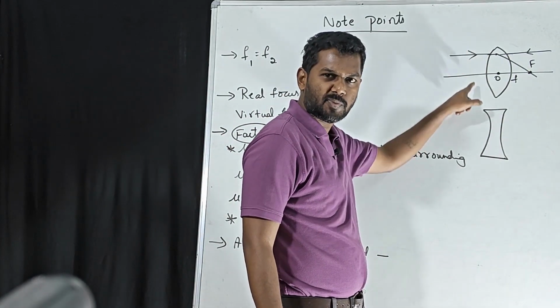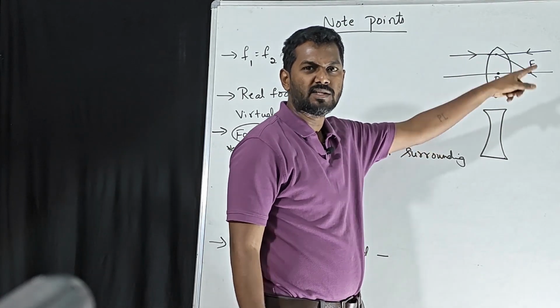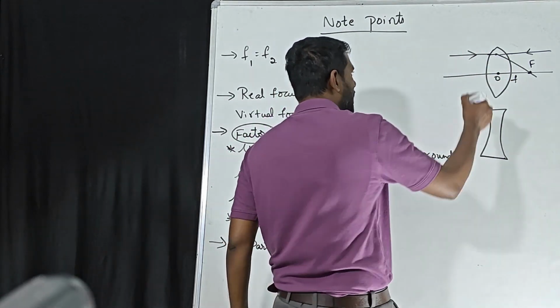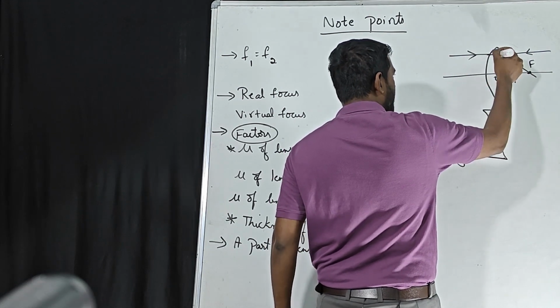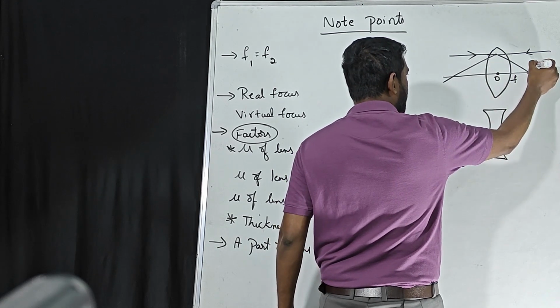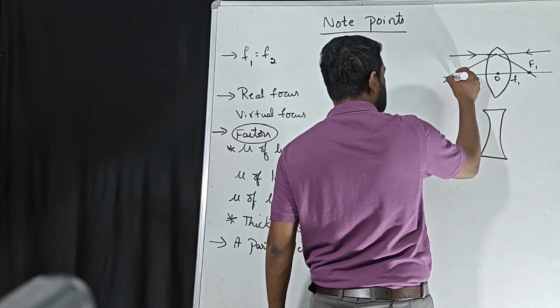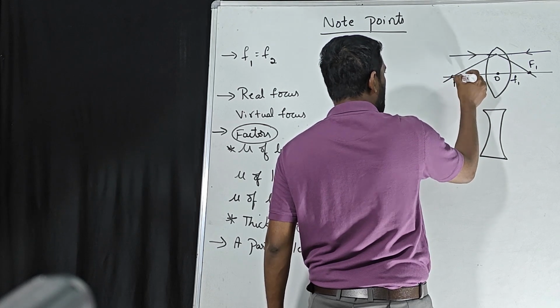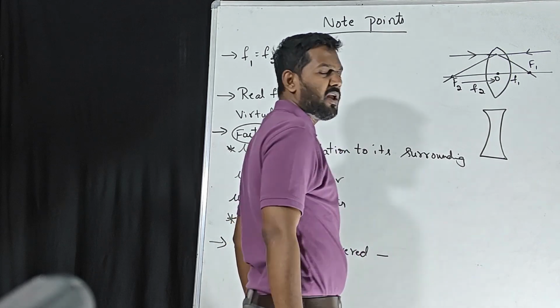Here also spherical shape, and both are convex only. Both sides we have convex only. So we can incident a ray from any side, this side or this side. It follows the same procedure. Assume initially we took this as F1. Now see here, this is F2, and from F2 to the optic center, that is small f2.